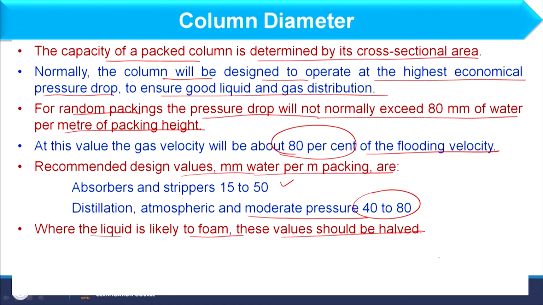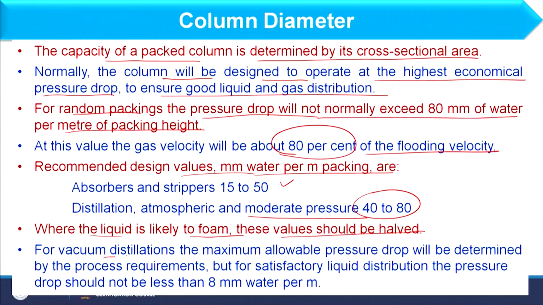When we have froth and foam formation in the liquid, accordingly we should choose this value. And for vacuum distillation, the maximum allowable pressure drop will be determined by the process requirement, but for satisfactory liquid distribution, the pressure drop should not be less than 8 mm of water per meter of packing.